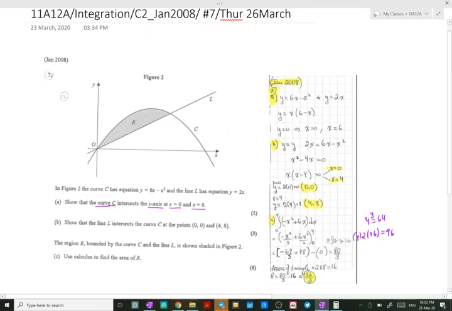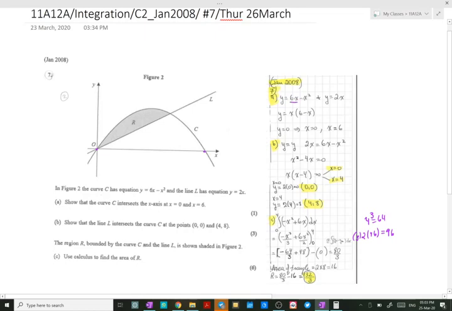A way of thinking for this part is, if you're going to find the point of intersection of the curve with the x-axis, it means that you have to find the roots of this curve. So in order for you to find the roots, you first need to factorize.